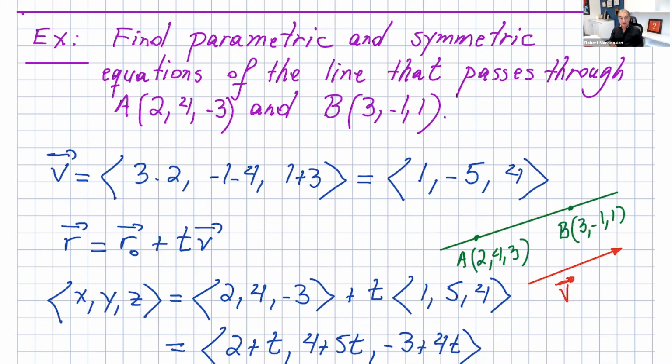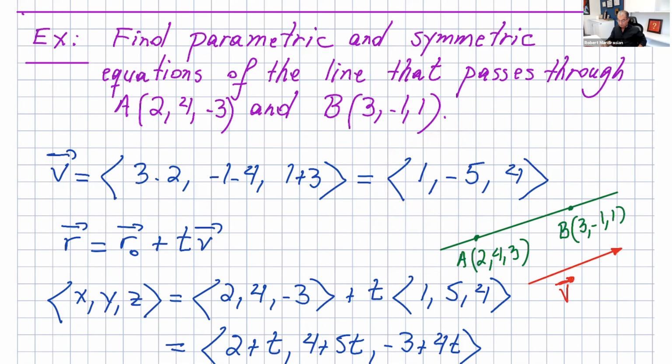Please watch the last videos on finding the components of a vector. So the first component is going to be 3 minus 2, the second one is -1 minus 4, and 1 minus -3, which is 1 plus 3. These are the components of this vector, and we know that vector is parallel to v. So we can write v using the components.